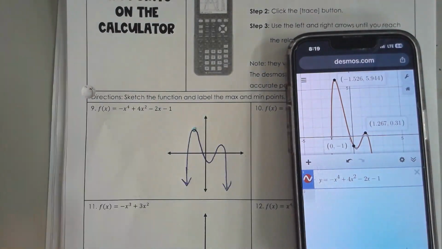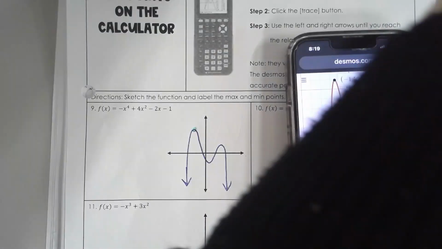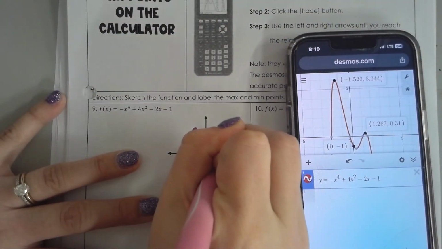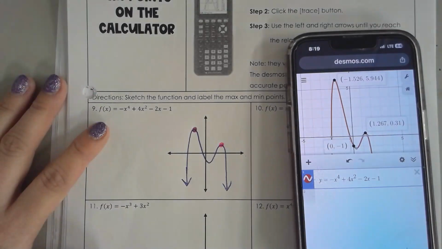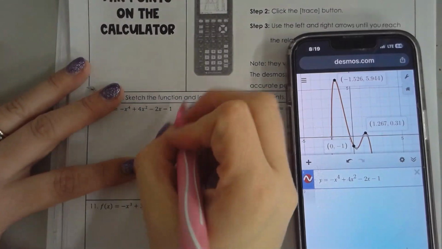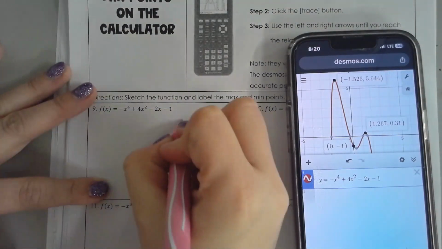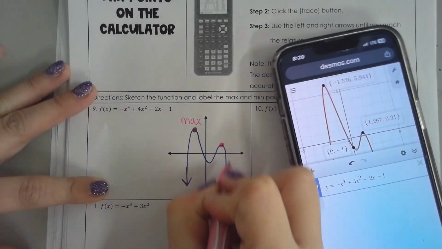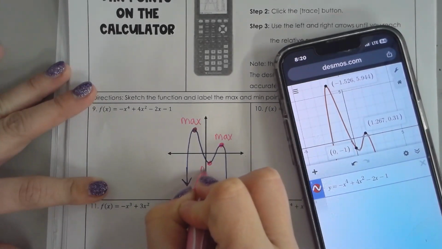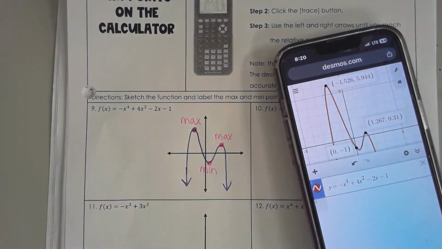I forgot my green doesn't work. This point and this top. Those are your hilltops. Those are your maximums. And then the valley points are considered your minimums.